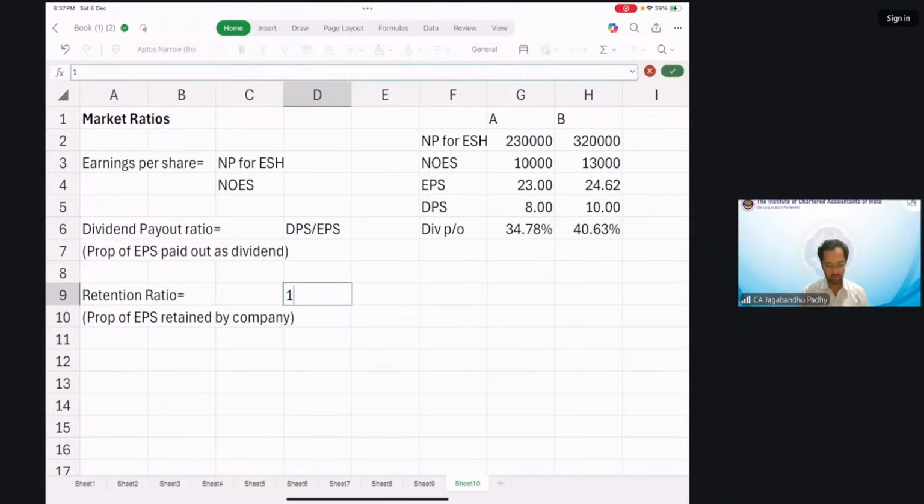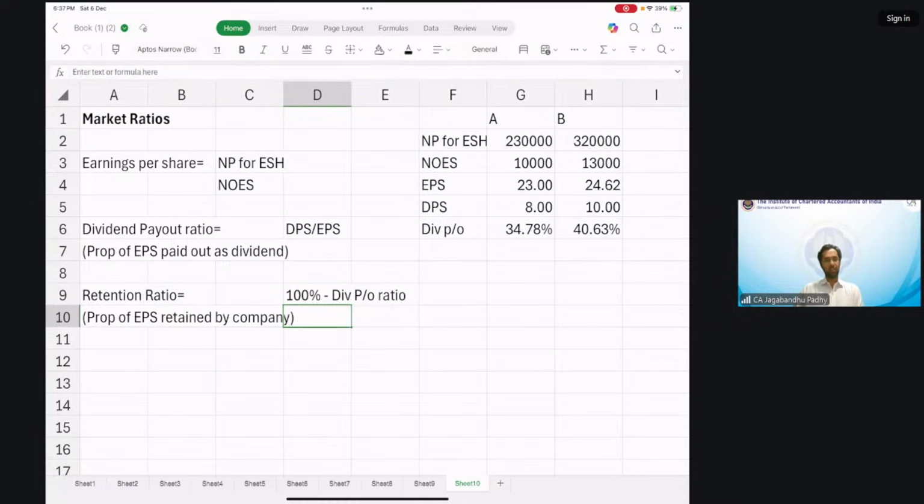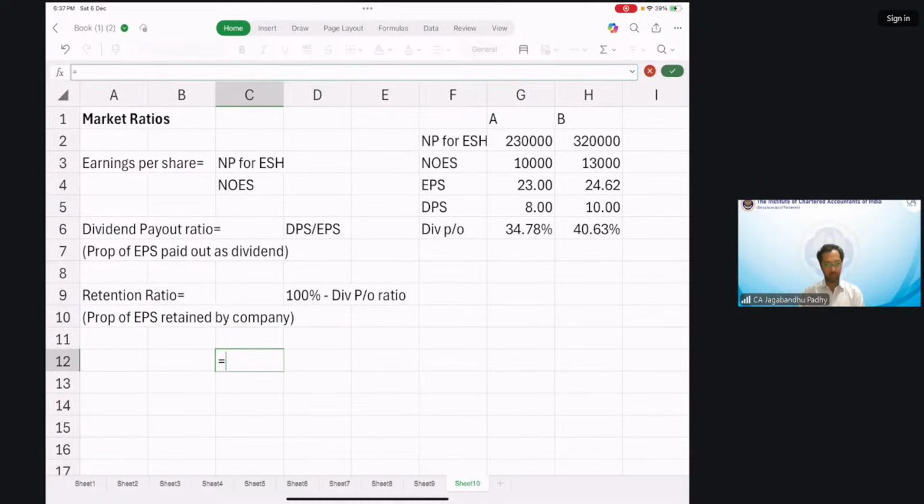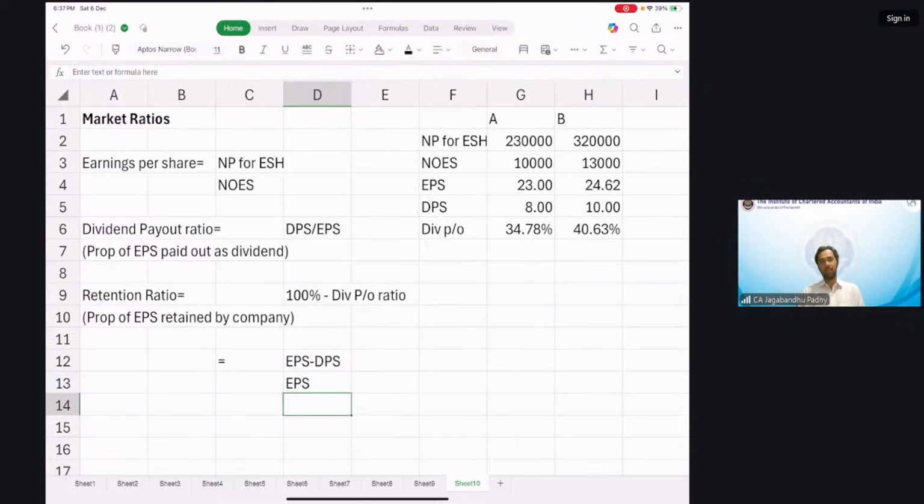Of course, retention ratio is going to be calculated as 100% minus dividend payout ratio. Or you can also write it in the form of a formula where we say it is EPS minus DPS upon EPS. EPS minus DPS upon EPS, that's your retention ratio.